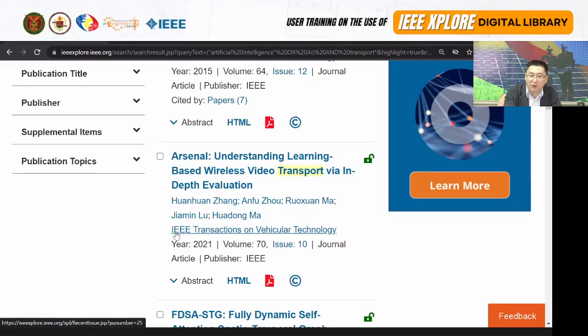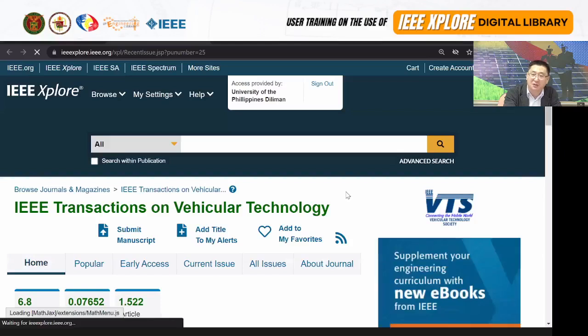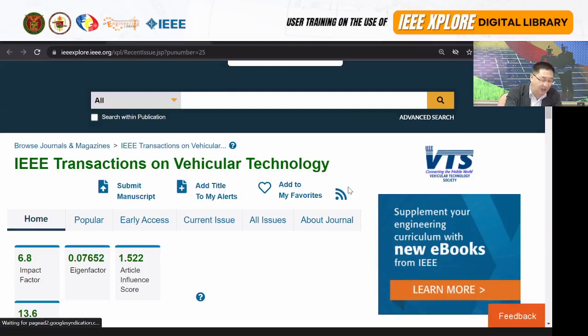All you need to do is click on the journal's name, which will bring you to the journal's homepage. Can you remember this page from earlier? In the Xplore demonstration, I brought you to this page, which will tell you the impact factor, Eigenfactor, article influence score, and everything. And all you need is this, submit manuscript. Just click on submit manuscript.